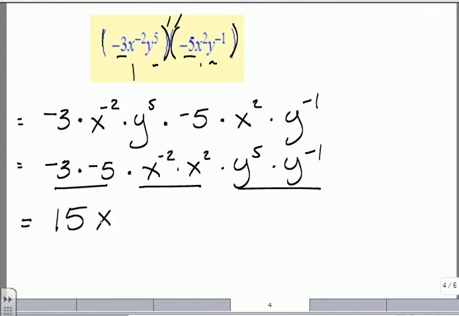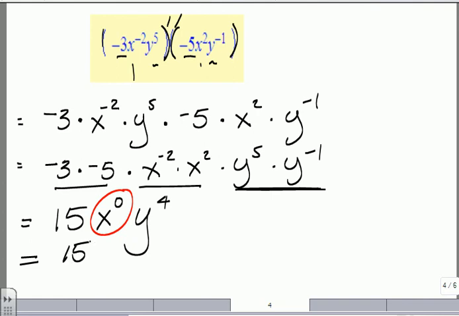That's what the shortcut is. -2 plus 2 is 0. We'll finish that off in a second. And then we've got our y's multiplying same bases, so the answer is going to be y. The shortcut says add those exponents. 5 plus a negative 1 is 4. There's still a little bit more we can do. What is x to the 0? Well, that's just equal to 1. So 15 times 1 times y to the 4th, you can just say 15 y to the 4th.